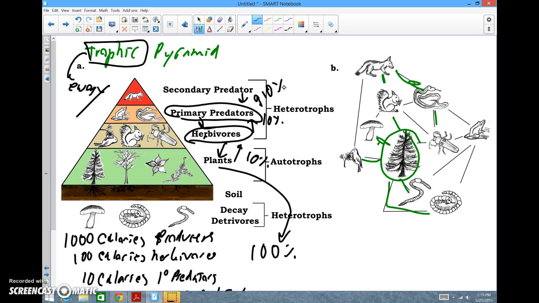And that's why you tend to find that secondary predators are the organisms on the planet that have the fewest members of their population. Because it takes a whole lot of primary predators and herbivores and plants to support them. That's why you will find that there are a lot of insects on this planet because they eat plants, but there are not a lot of lions because those lions eat like other herbivores. And so the energy level required to feed them is much higher.